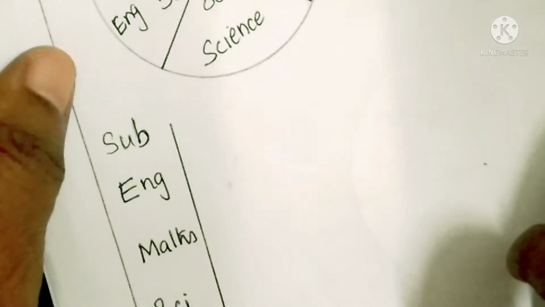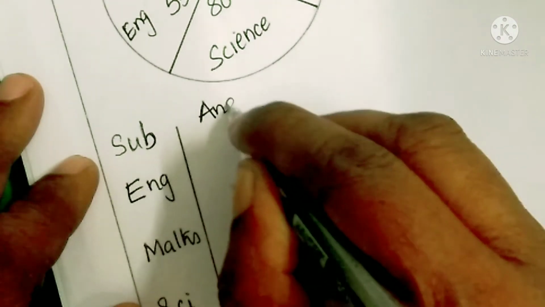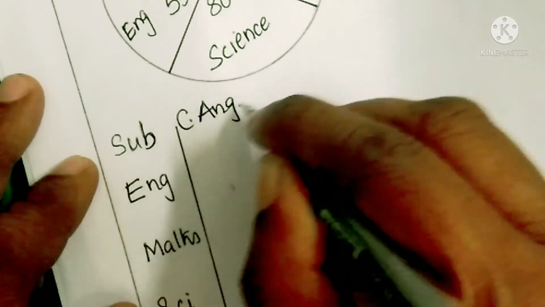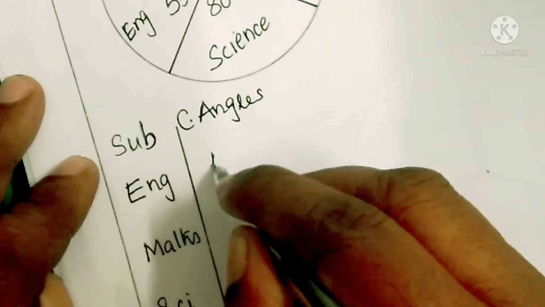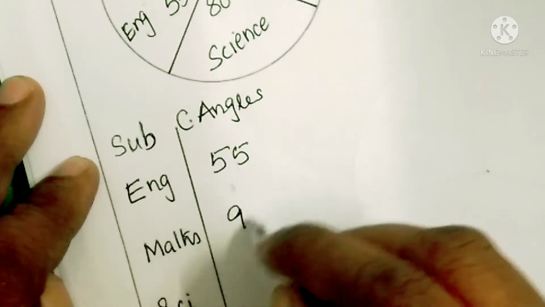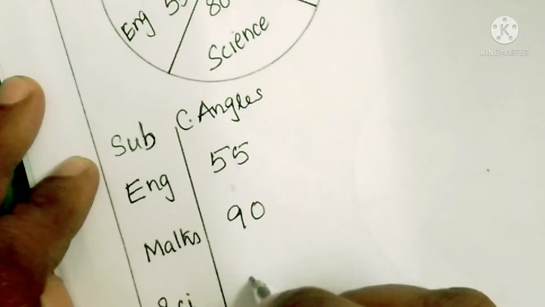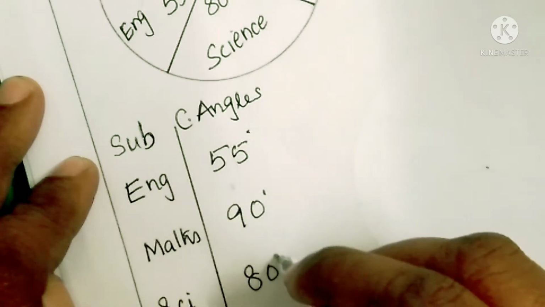Let us write that too. The central angles, I will write in short. For English it is 55, for Maths it is 90, Science it is 80, SS 65 and Hindi 70. These are the angles at the center.